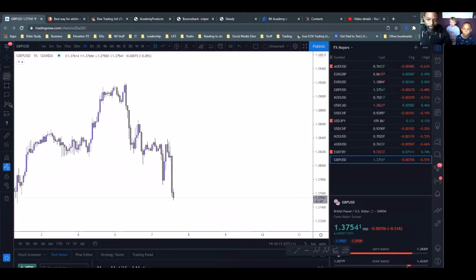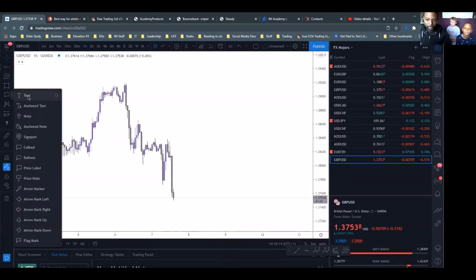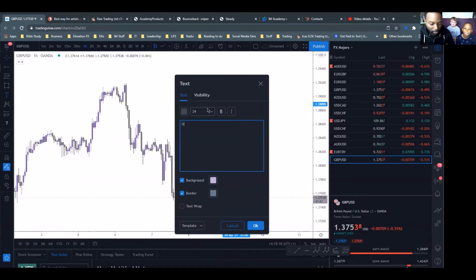Let's do text. We're going to do units of measurement. You gave me centimeters. Now, what is centimeters measuring?